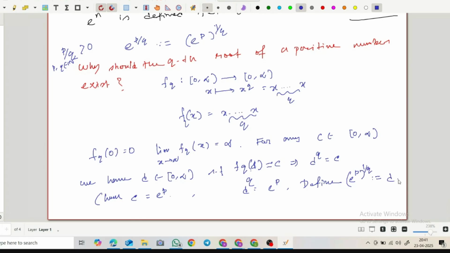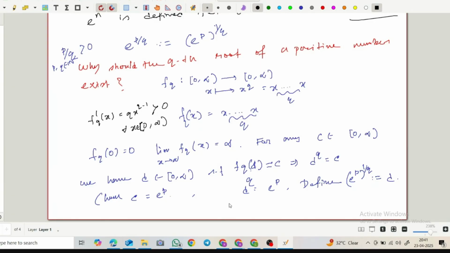d. And also you observe that if you differentiate f_q of x, f_q prime of x, what is it? q x to the power q minus 1, which is strictly greater than 0 for all x belonging to 0 to infinity, which means that f_q is injective.